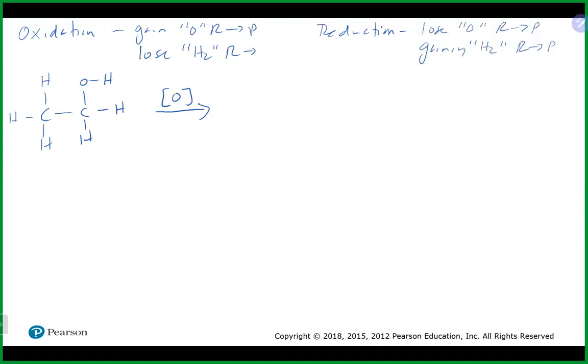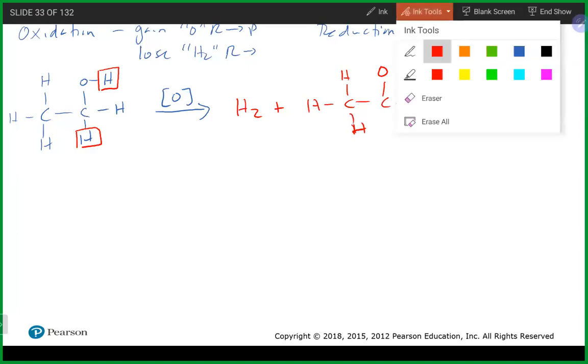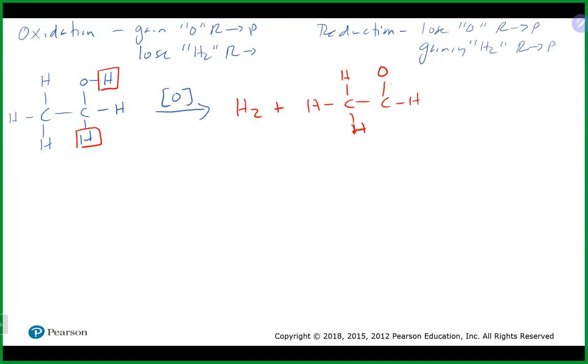The way it loses hydrogen is it will always come off of the OH, and it will always come off one of those hydrogens from the carbon that's attached to the OH, and that's going to give us our H2. And once again, nothing else is going to change on our molecule. But now that we did that, we do need to insert a double bond there between the carbon and the oxygen, which makes our carbonyl group.